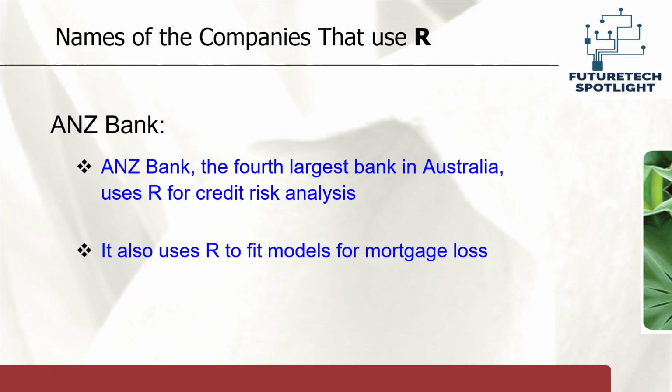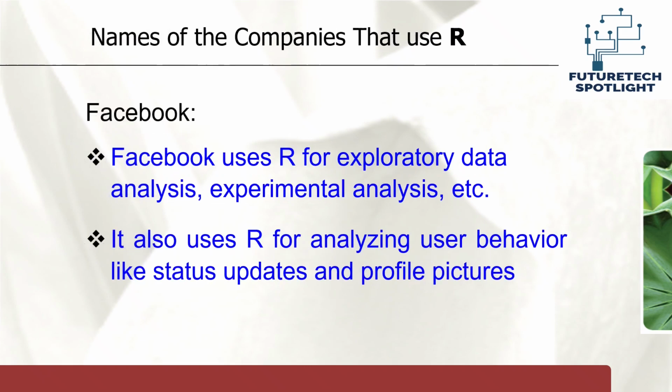Apart from that, Facebook also uses R for exploratory data analysis, experimental analysis, etc. And it also uses R for analyzing user behavior like status updates and profile pictures. Nowadays people are uploading their profile pictures and changing them very frequently.